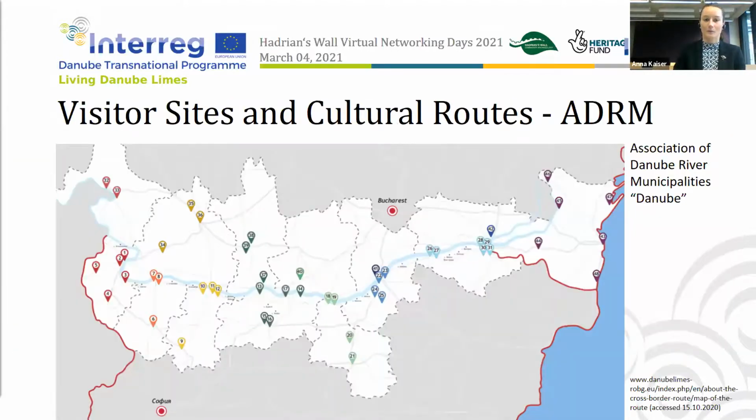And coming to the linkage between visitor sites and museums along the Danube and fostering future cultural routes initiatives, we are very happy that we can build on predecessor projects, like here, one that was carried out between Bulgaria and Romania, where, as you can see on the map, the blue snake in the middle is the Danube, and then you have all the different Roman sites, either in Romania or in Bulgaria, and you can actually experience them when visiting the site online or downloading an application, and it actually guides you to the different Roman sites in the two countries.